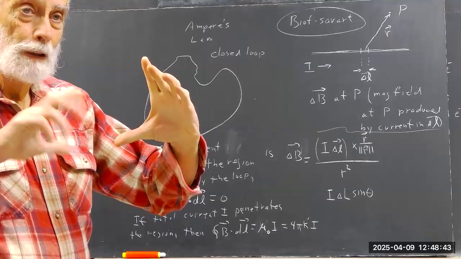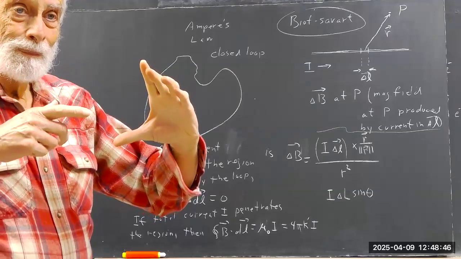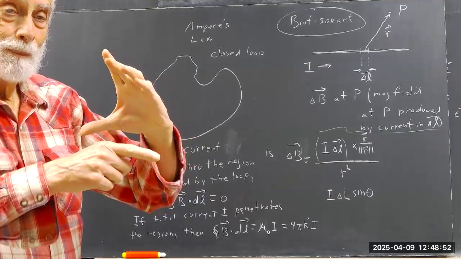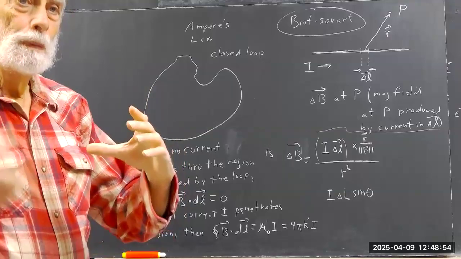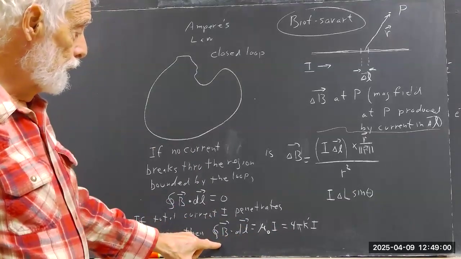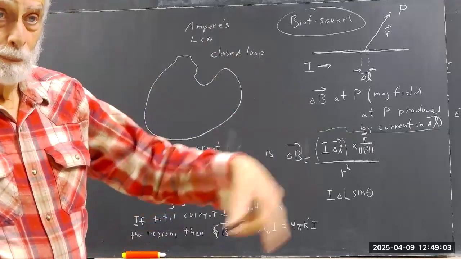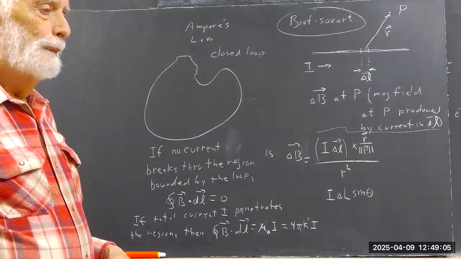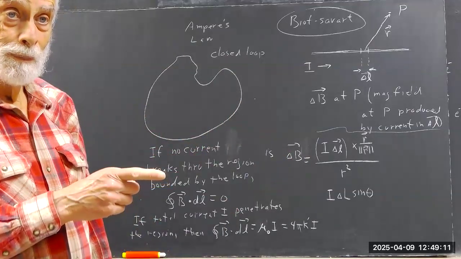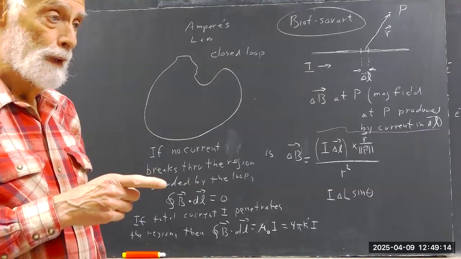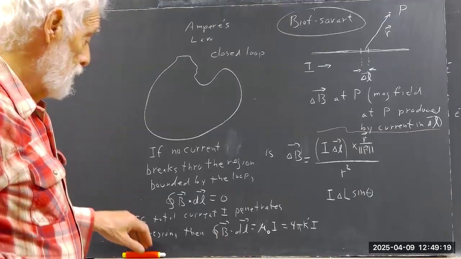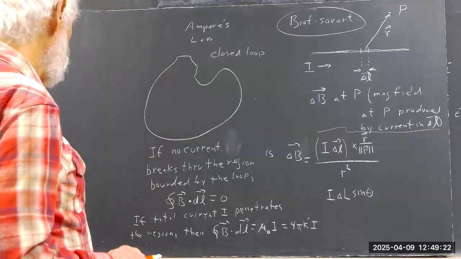You've got ballpark 50 loops of current, and you run a current through here. Then each loop is cut by that current, so each loop contributes this much to the integral of the magnetic field around the loop. If you divide that by the length of the loop, say the current is through the center of the loop, then you get a uniform magnetic field around those loops. All right, just one example of something you've had your hands on.